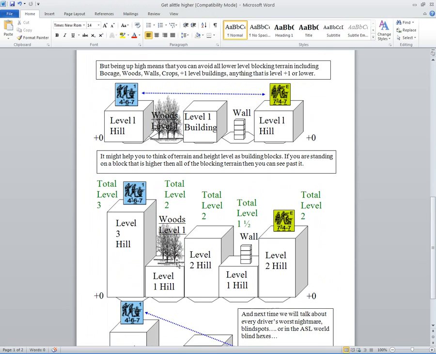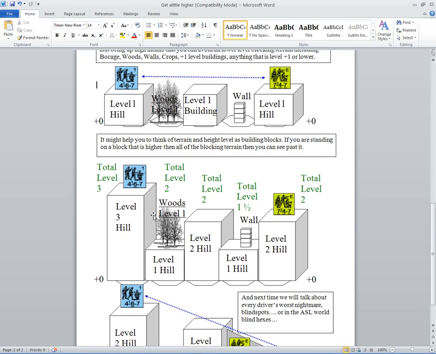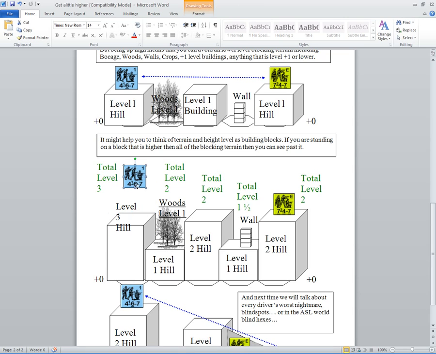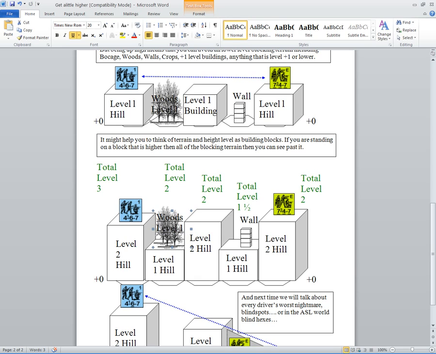Okay. In this case, I'll just lower this one down so we can see it. Alright, let's say this is a level 2 hill. We have a level 1 hill with our level 1 woods, which is also level 2. We can't see anything beyond it down in the hole. All we can see is along our level. Just like this here. Level 1 woods. Can't see down.